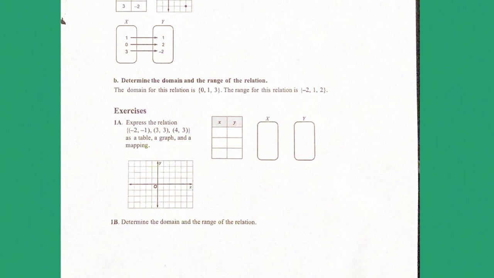You are simply going to list those x values in the table: -2, 3, 4, and your y values would be what? -1, 3, and 3. If it's in a table format, you are going to list every value. Table format, list every value.